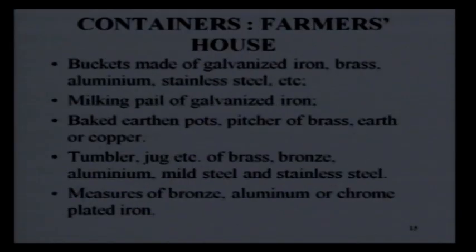Now we come to the small farmer level. Normally it is buckets of galvanized iron, aluminium, stainless steel which are used. The milking pail is there. Then we also have layers of bronze, aluminium or chrome plated iron. These are the things at the farm level, a smaller level of things available.